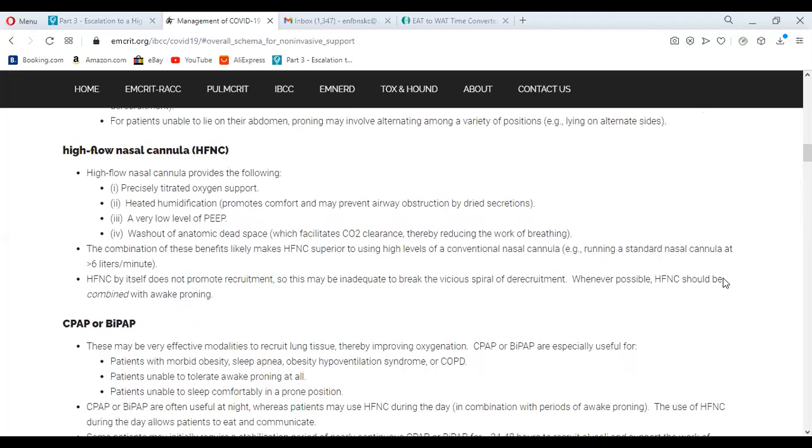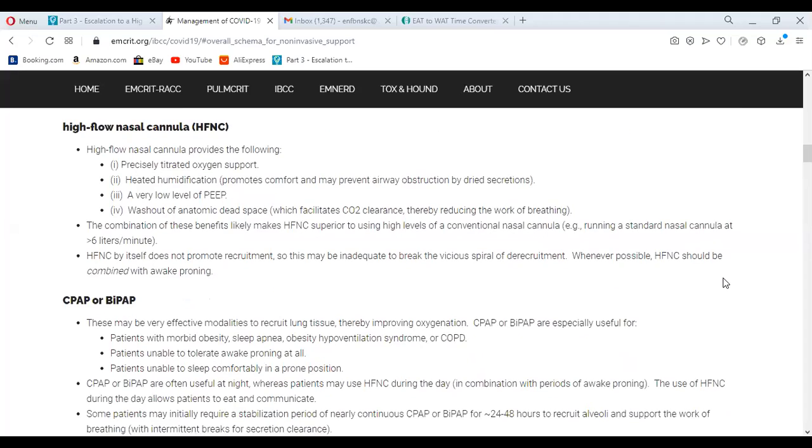Okay, so they are saying that the high flow nasal cannula on itself does not promote recruitment. So this may be inadequate to break the vicious spiral of recruitment. So whenever possible, this high flow nasal cannula should be combined with positioning, which is proning.